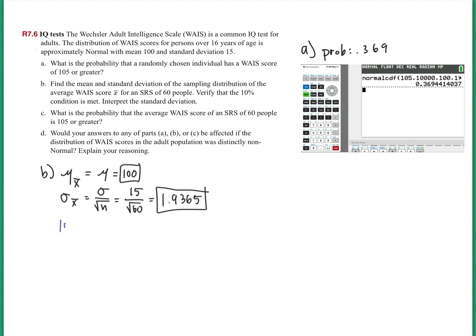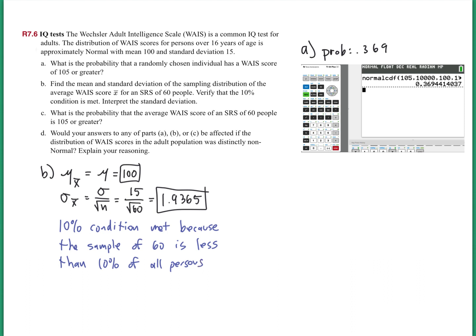So I'll say 10% condition met because sample of 60 is less than 10% of all persons over 16 years of age.